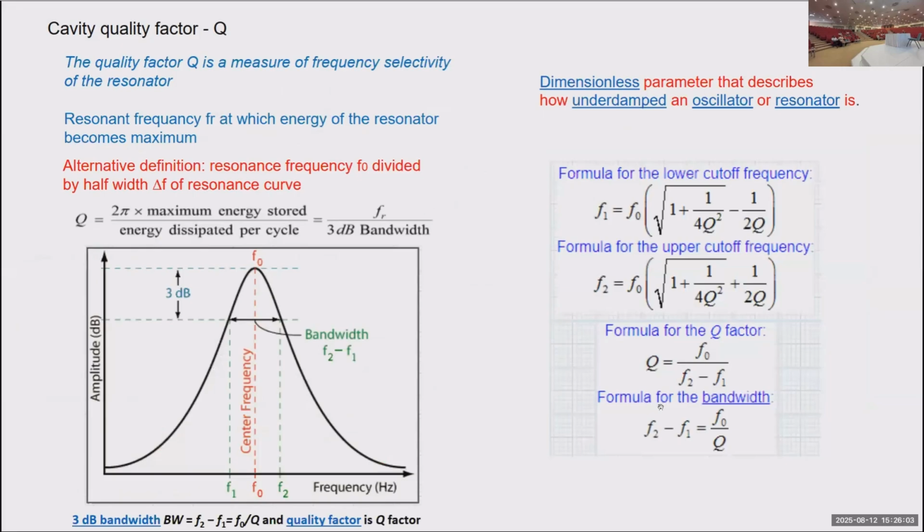And you can also measure the Q with the 3 dB bandwidth method. You take the amplitude. If you use the VNA, you can find the frequency distribution. Then you take the sum of the frequency.